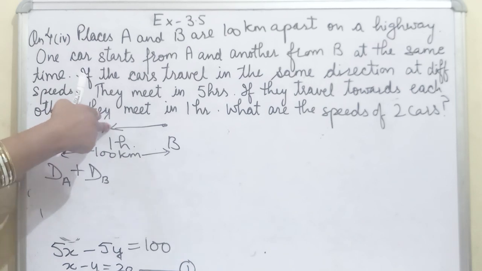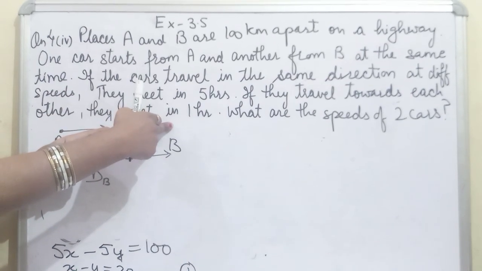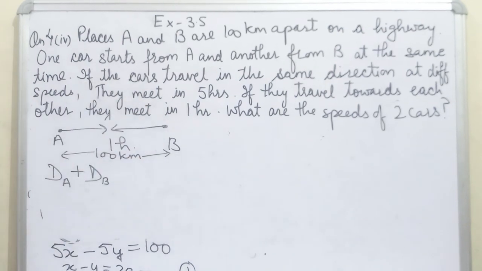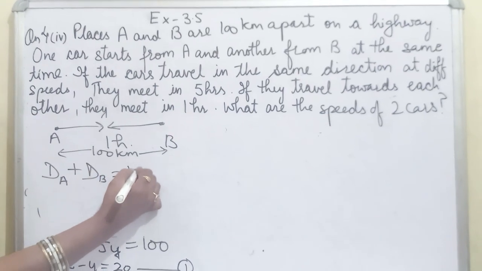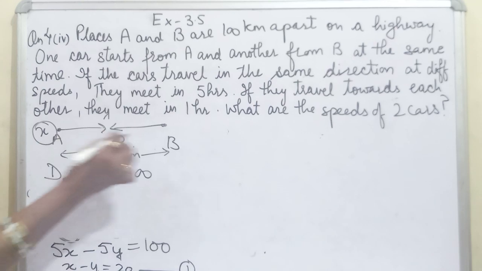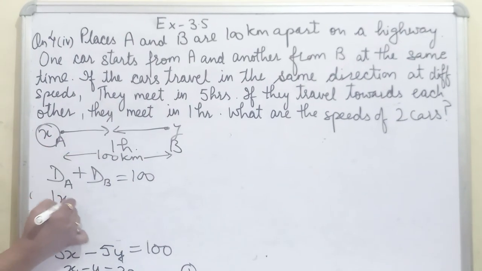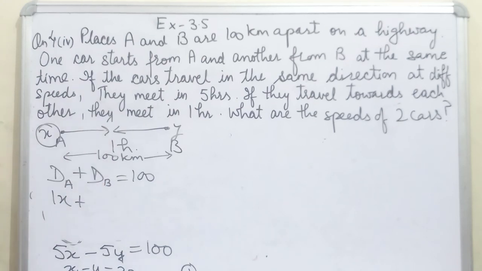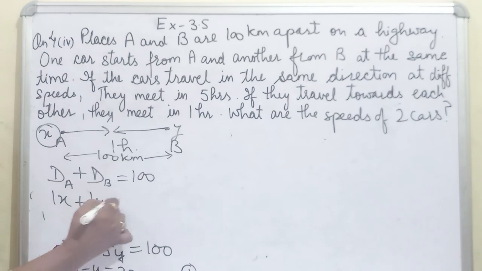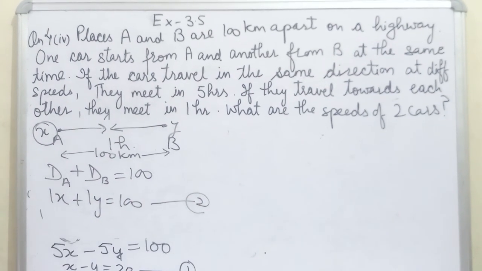This is the distance covered by car A, and this distance is covered by car B. If I add these two distances, what do I get? 100. And again apply the formula for distance: speed into time, so x times 1 plus y times 1, the time taken is 1 hour. So speed into time plus speed into time is equal to 100, and this is the second condition.